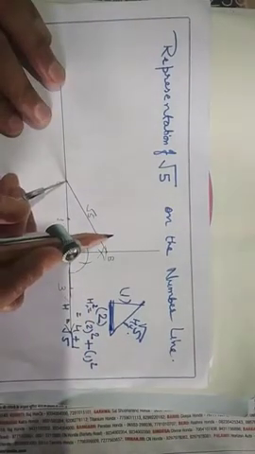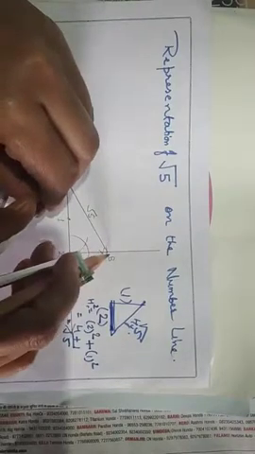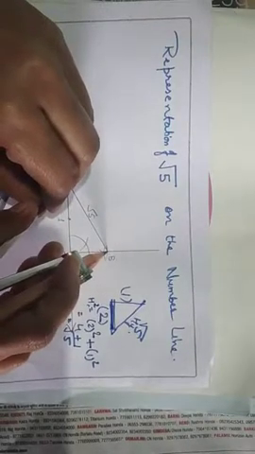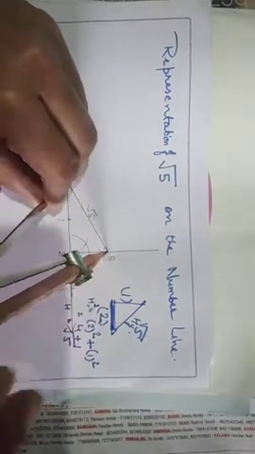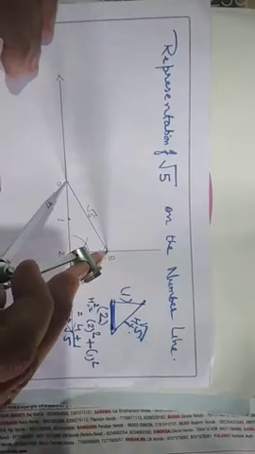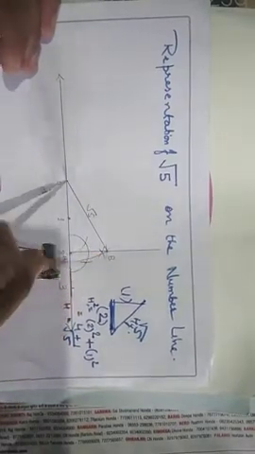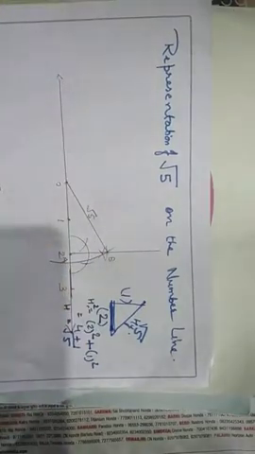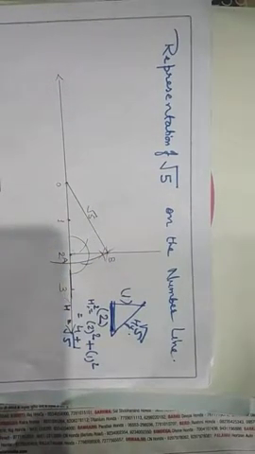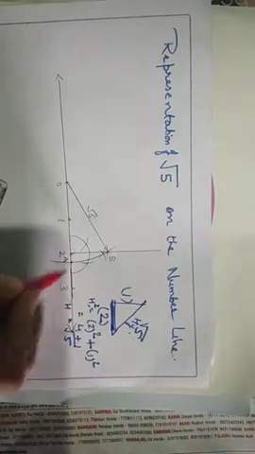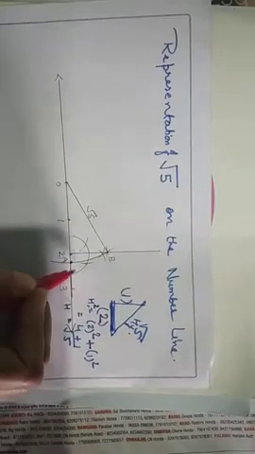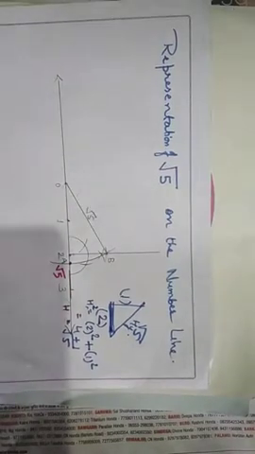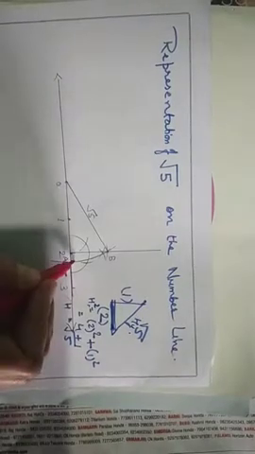Now we have to take this distance as a radius and cut an arc on the number line like this. And this point where this arc intersects the number line, this point is under root 5 on the number line. Okay, understood?